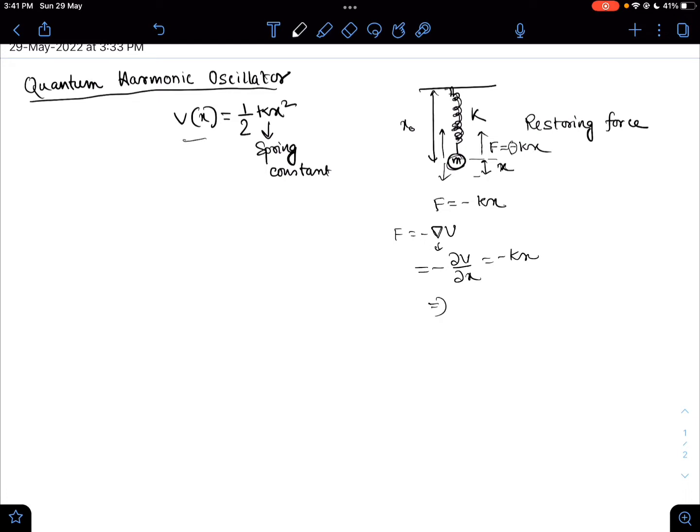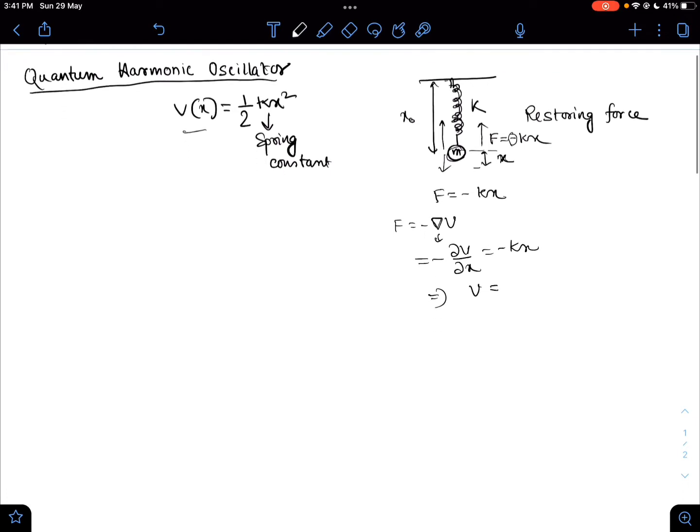If we do the integration from here, we get the functional form of the potential to be half kx squared. So in classical physics the potential is quadratic in length. Similarly, in the quantum harmonic oscillator, we have a potential of the form half kx squared.